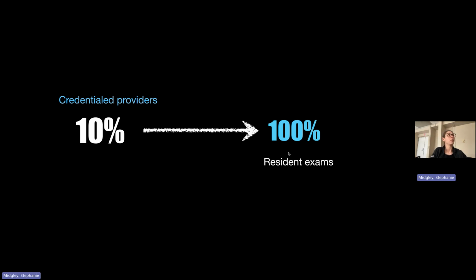Versus resident exams, where you want to be as close to 100% as possible. So it's kind of your decision. Again, the credentialed providers will play off the ease of figuring out which scans are done solely by the attendings and not the residents.